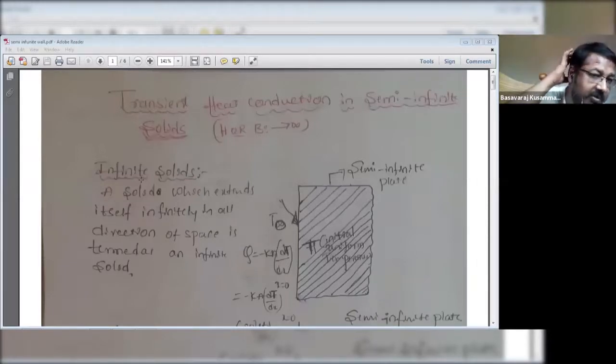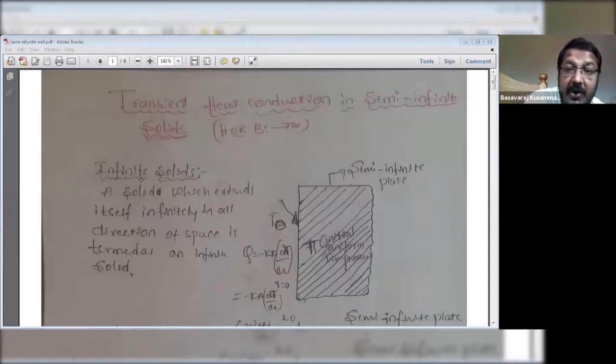I will give an example of a semi-infinite solid. All of you know that pipes are used to carry steam, and those pipes are underground.